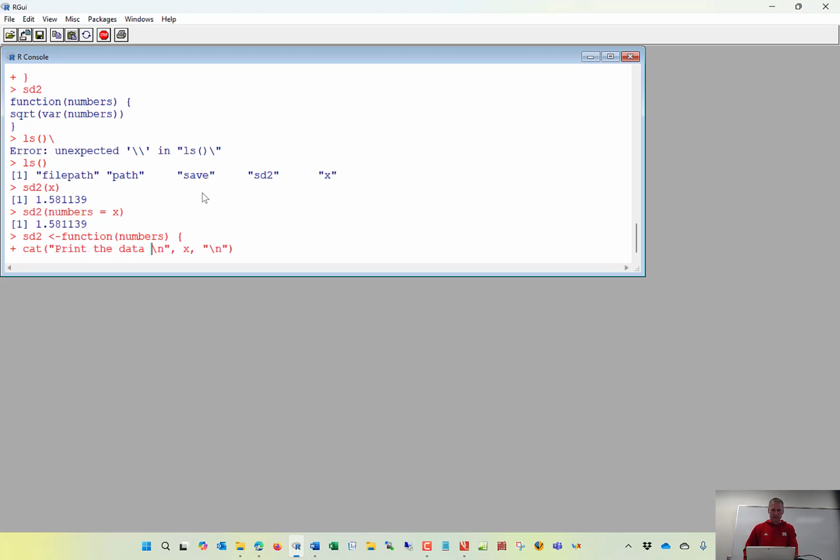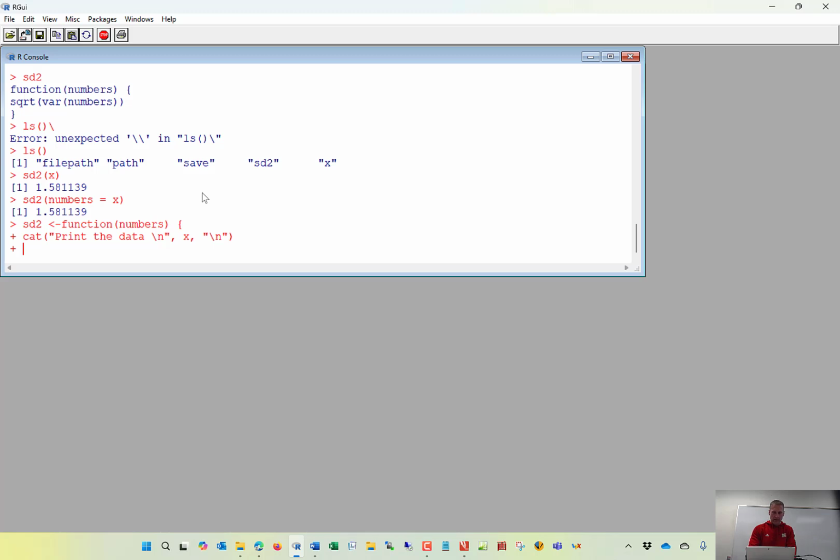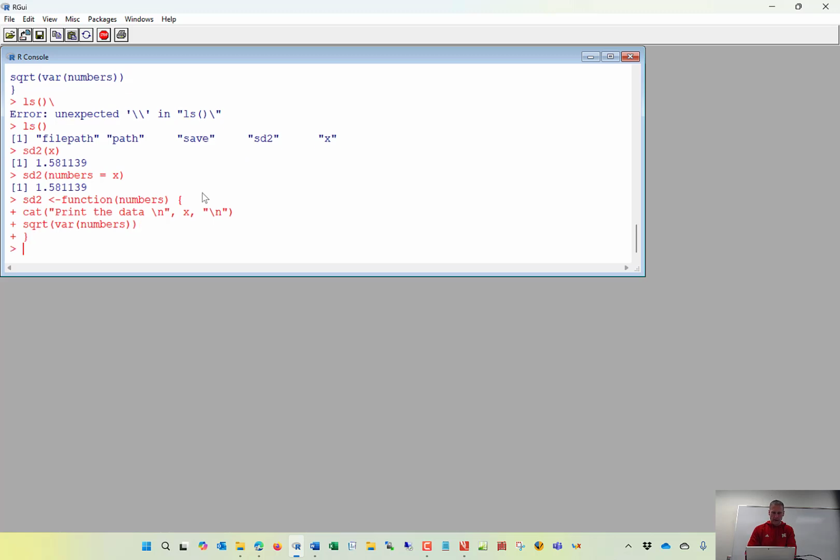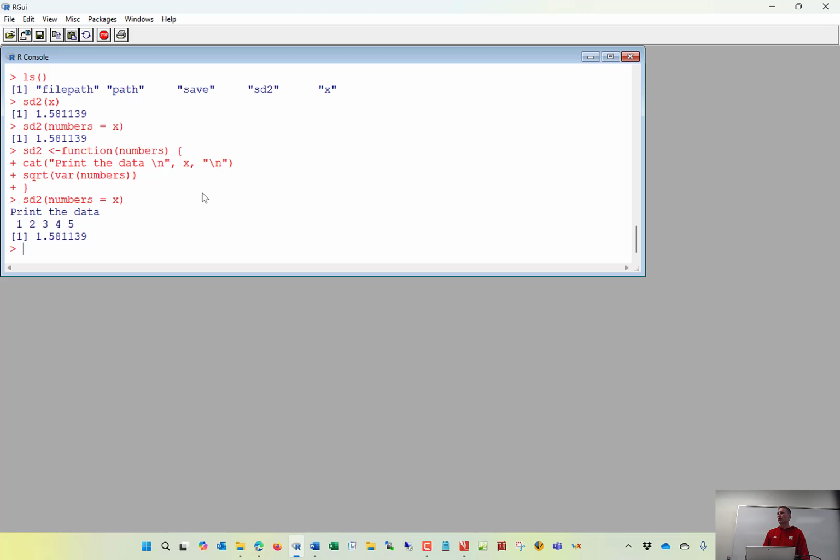Print the data, slash n, goes down to the next line, prints x, then goes down to the next line after that. And then let's actually do square root var numbers for the next line, so that when I run this, you see it prints the data and it returns the standard deviation.